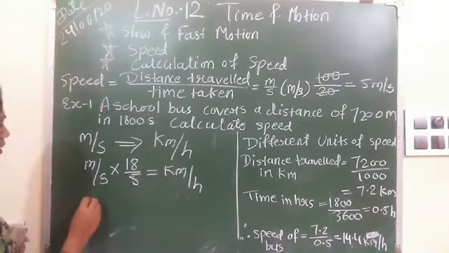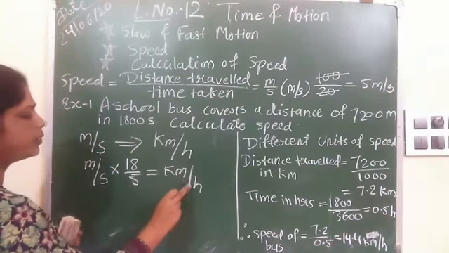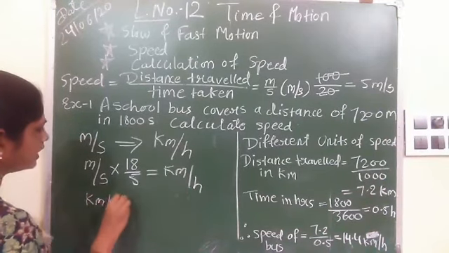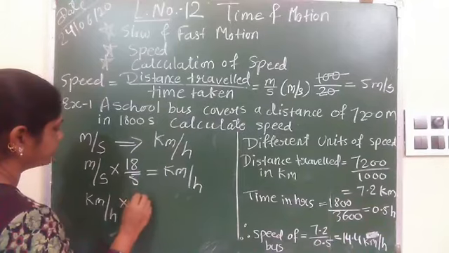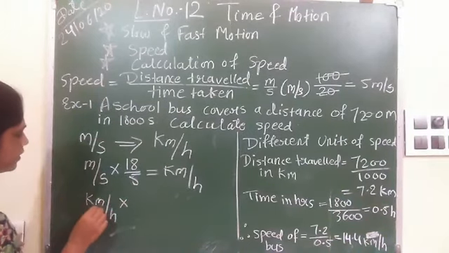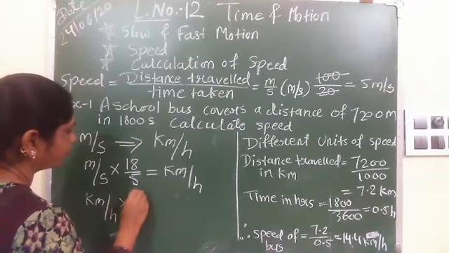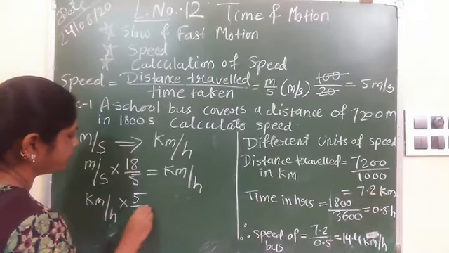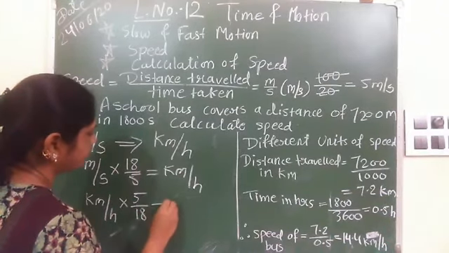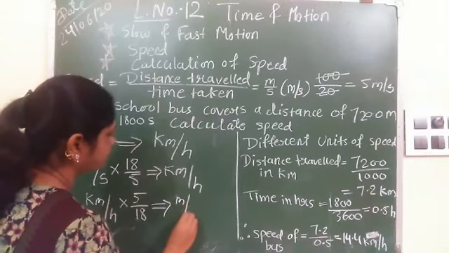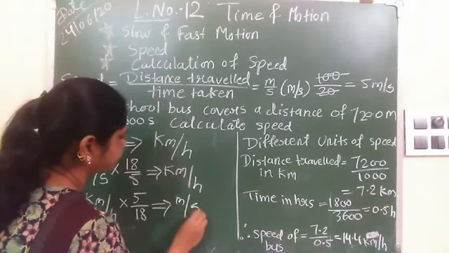If we have the speed in kilometer per hour, then we multiply it by 5 divided by 18. It comes in meter per second.